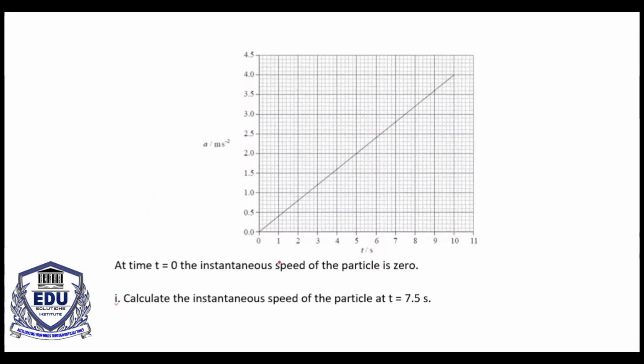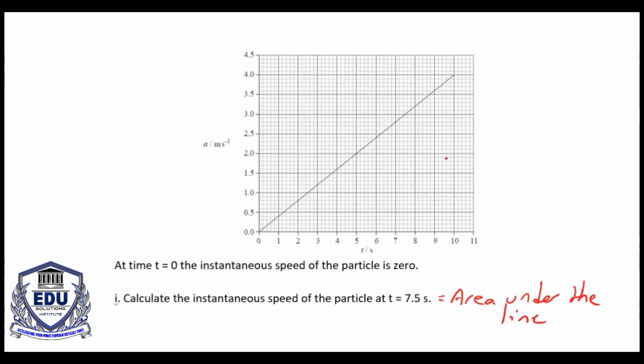At time t equals 0, the instantaneous speed of the particle is 0. Calculate the instantaneous speed of the particle at t equals 7.5 seconds. Now, what we should note from an acceleration-time graph is that if we want to find the speed, we will find the area under the line.